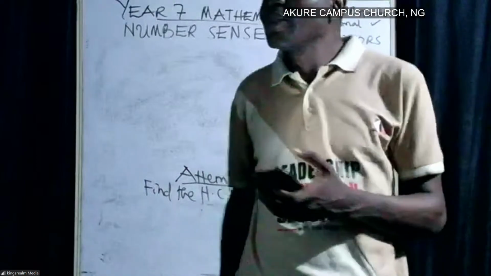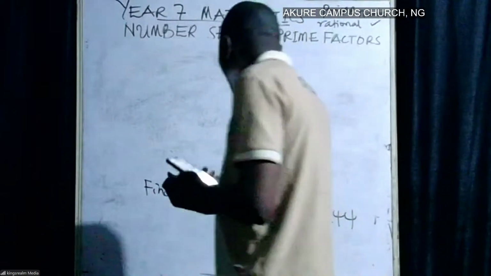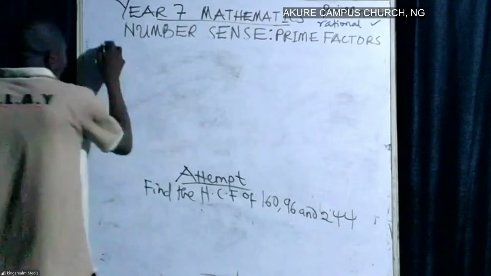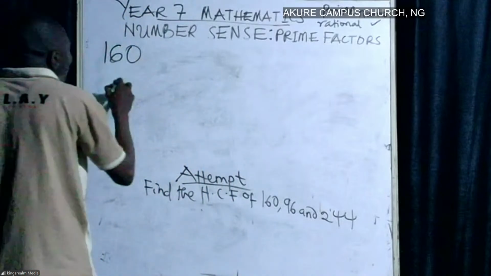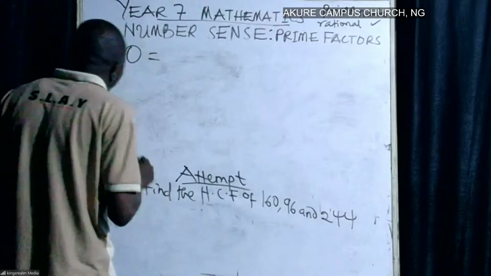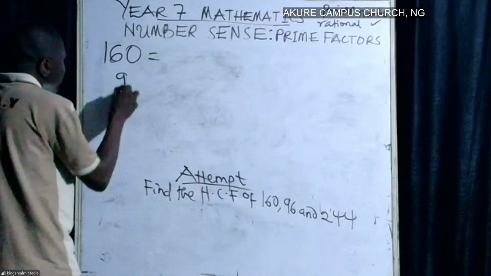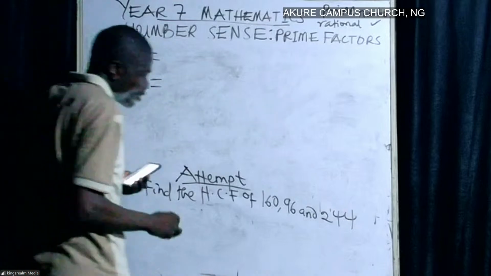David, what is happening? I'm almost done. You need speed also. So the three numbers are 160, 96, 244.